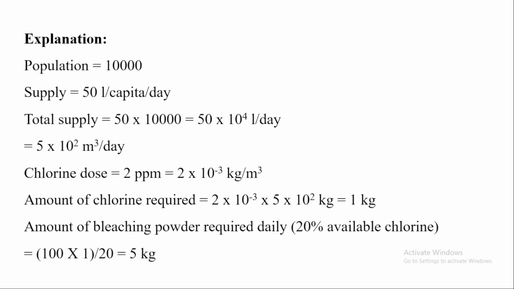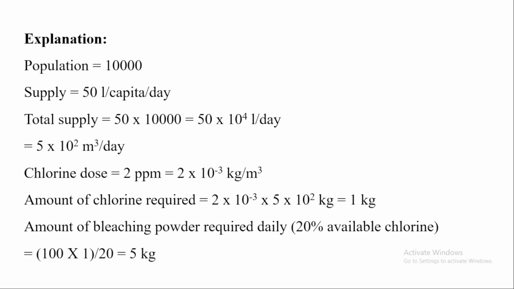If we take 1 kg of bleaching powder, 20% of 1 kg means 200 grams. So in 1 kg of bleaching powder, only 200 grams of chlorine will be available. In 2 kg, 400 grams will be available. Like that, in 5 kg of bleaching powder, 1 kg of chlorine will be available.